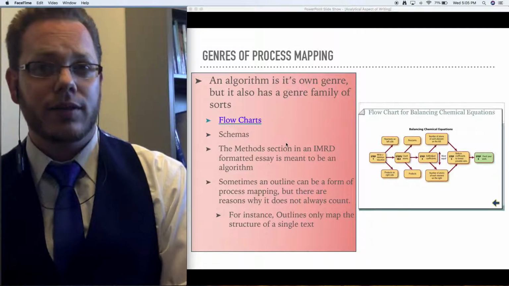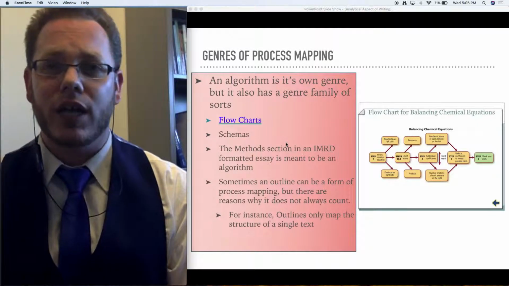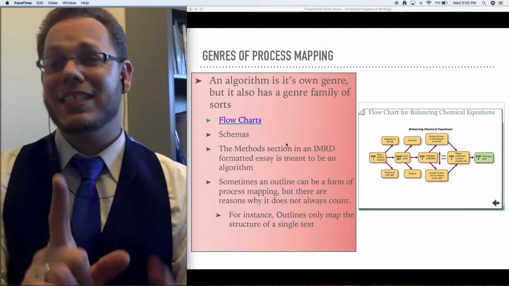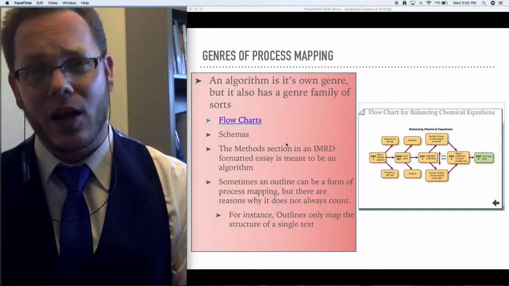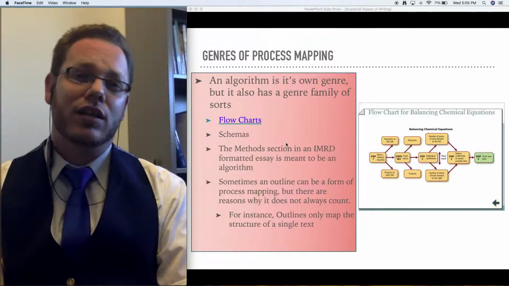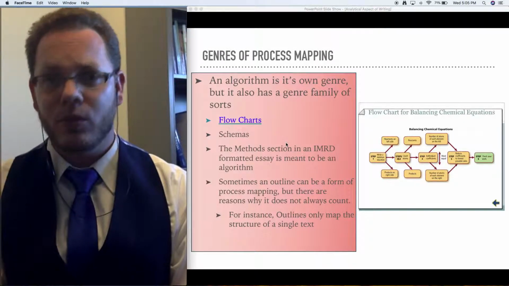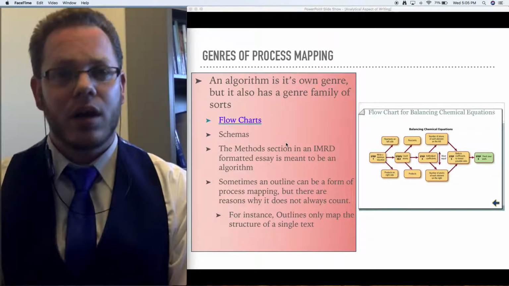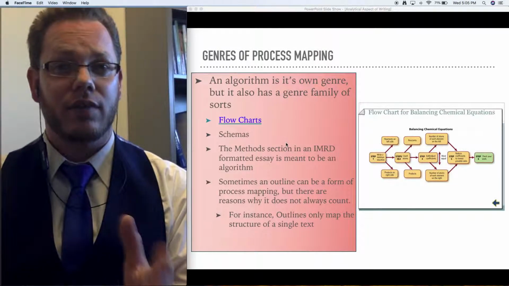Sometimes when I start talking about this, people go, oh, process mapping, algorithms, that's kind of like an outline for an essay. And I'd say, yeah, sort of. Back up. An outline is specific content in simplified form. So in some ways, it's like an algorithm, but it's important to understand there's a difference between a process for something and content for something.